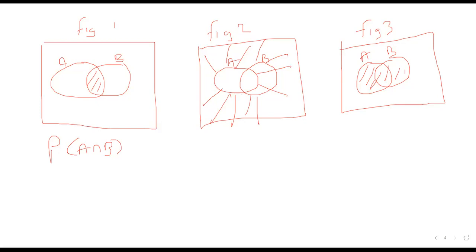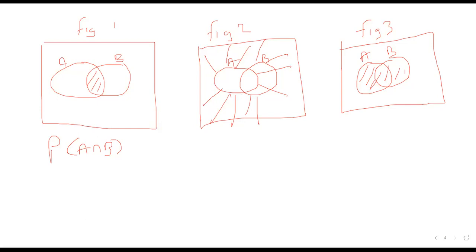Yes, just A complement. What does complement mean? What is outside a particular set. So it's just A complement.